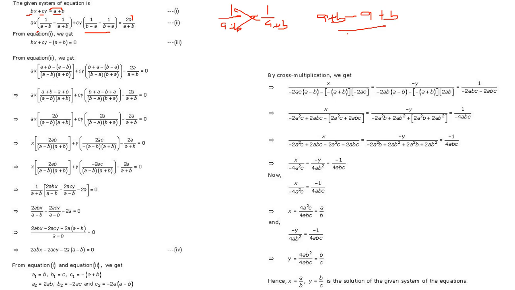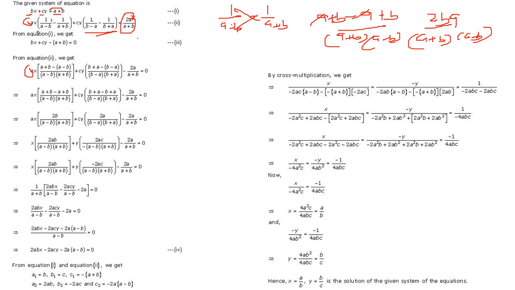A gets cancelled, so you get 2B by A plus B, A minus B. So you have this 2B, and A was already outside. So it will be 2AB by A plus B, A minus B. And in this case also the same thing you have to do, only the signs are different. And of course this is A, B and C.